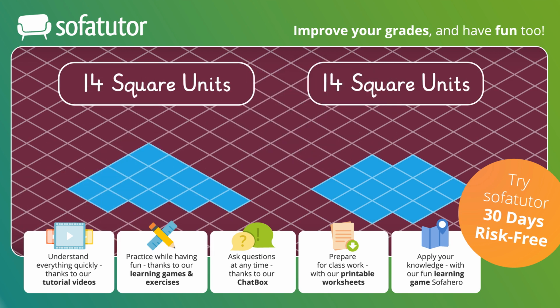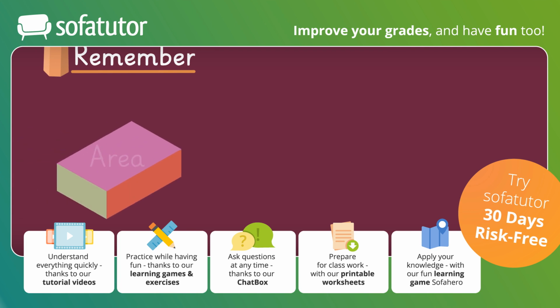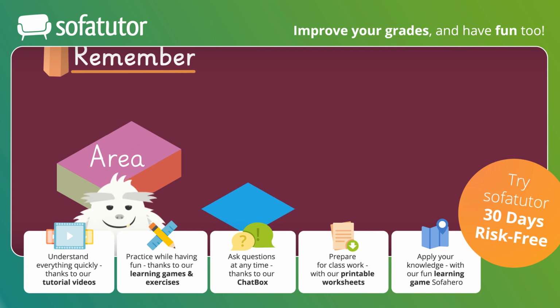Before Zuri and Freddy compare their worlds, let's review. Remember, area is the amount of space a figure takes up on a flat surface. We can find the area of a figure using unit squares.